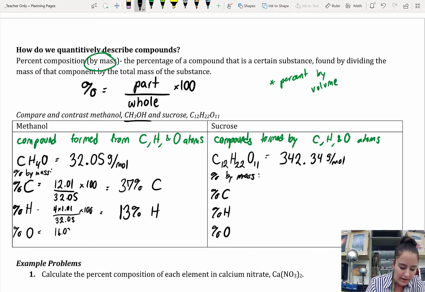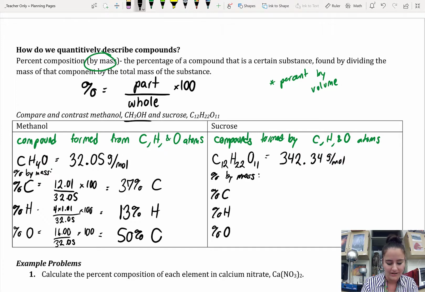And then I'm already seeing that this is about half, okay, about 50%, which we could also just subtract from 100, and we get 49.9 or 50% oxygen.